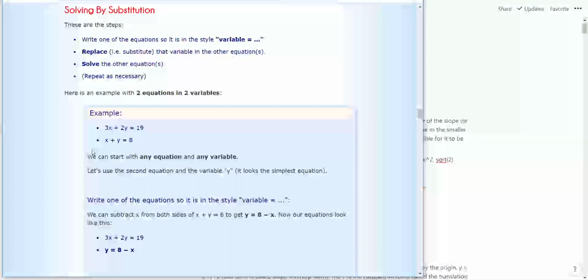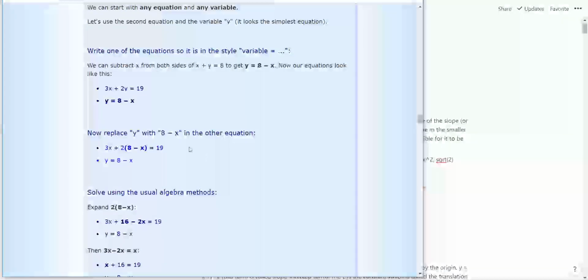Here's an example with two equations and two variables. You could move the y to the other side and then substitute. We start with any equation in one variable. Let's use the second equation and the variable y. It's 8 minus x, and then you would have 2 multiplied by 3 minus x.